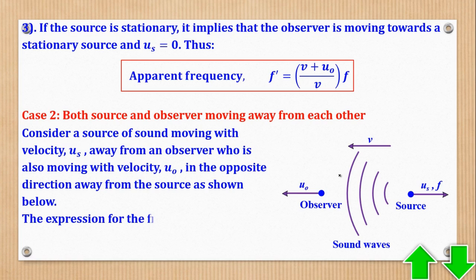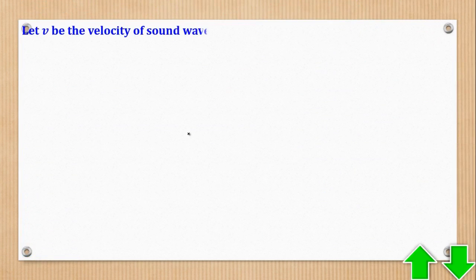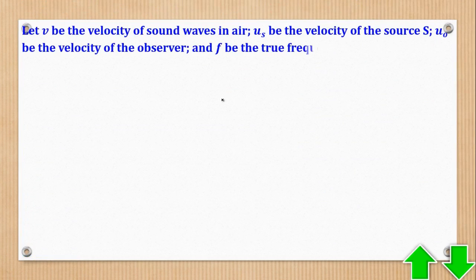Okay, so the expression for apparent frequency can be derived as follows. In this case, the source is moving away from the observer, meaning that Vs will increase. But the observer is also moving away from the source, implying that V prime will reduce. So let's see that in this slide. Let V be that, US be that, and F be that.